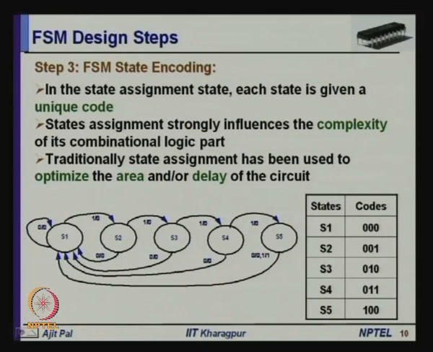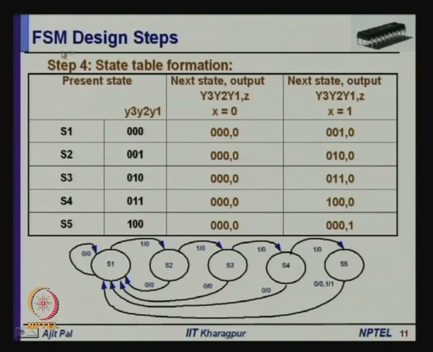So, this is the second step, and after that there will be the next step known as state table formation. Here you can see we have the 5 states S1, S2, S3, S4 and S5, and the codes for the different states, and the corresponding state variables are y3, y2 and y1.